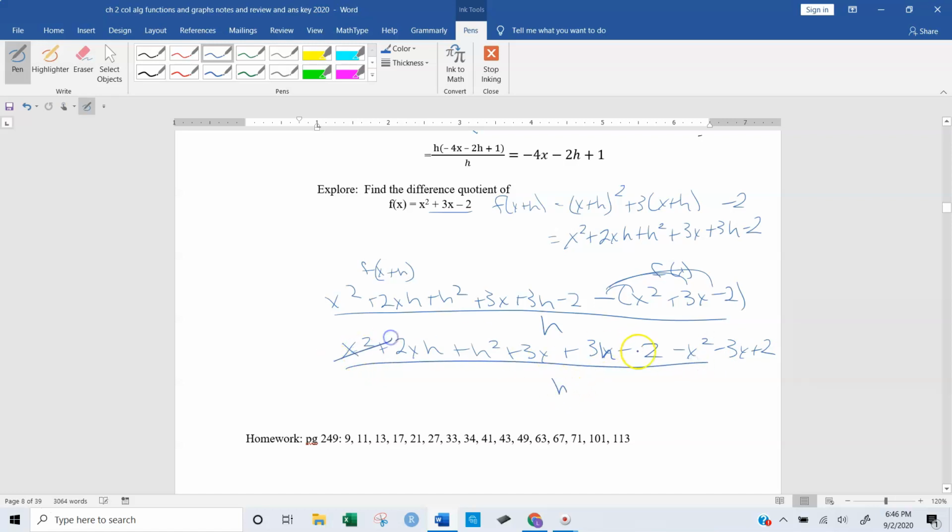So here our x squareds cancel, our 3x's cancel, our 2's cancel. And we are left with 2xh plus h squared plus 3h divided by h. The h's are all going to cancel. So we have 2x plus h plus 3 for your final answer.